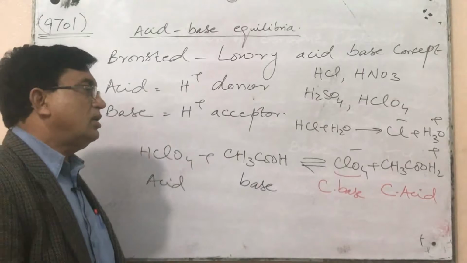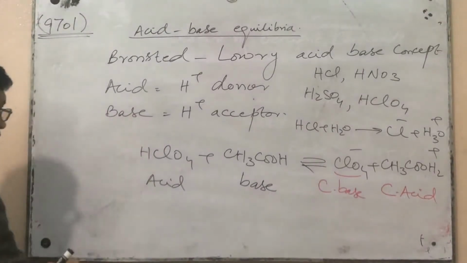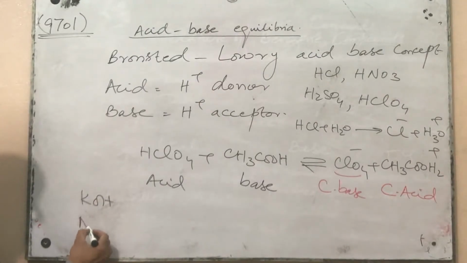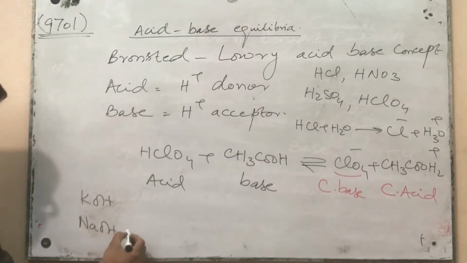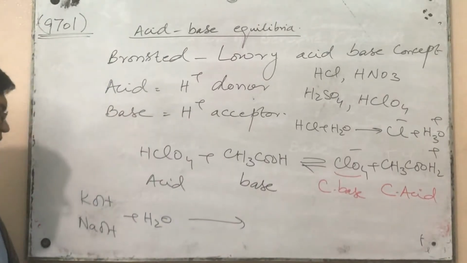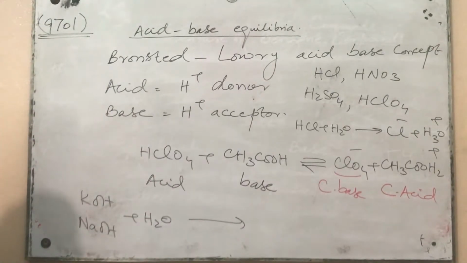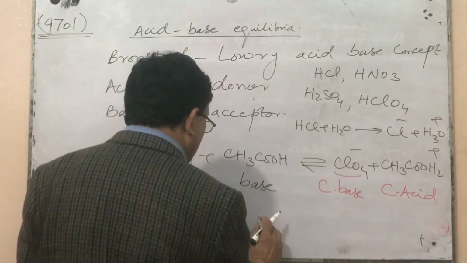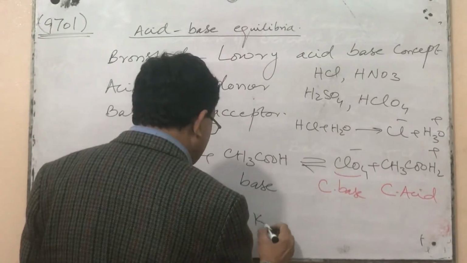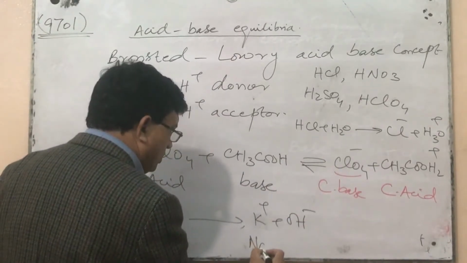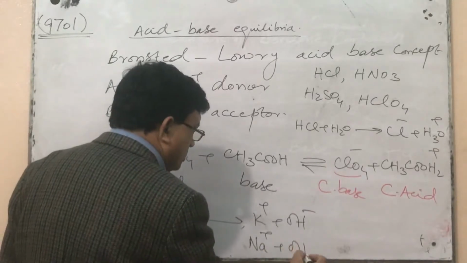substances ionize 100%. Similarly, for example, if we have KOH or if we have NaOH, all of these substances on adding into water, these ionize immediately and produce K positive plus OH negative or Na positive plus OH negative.